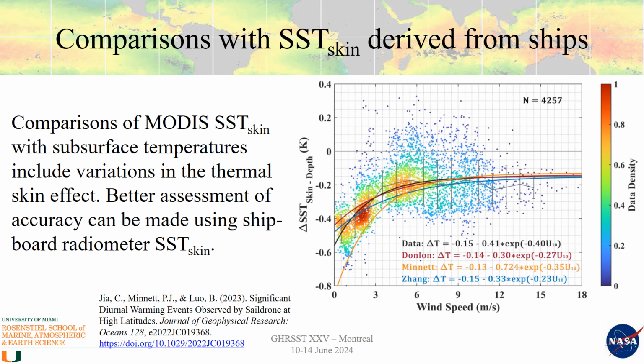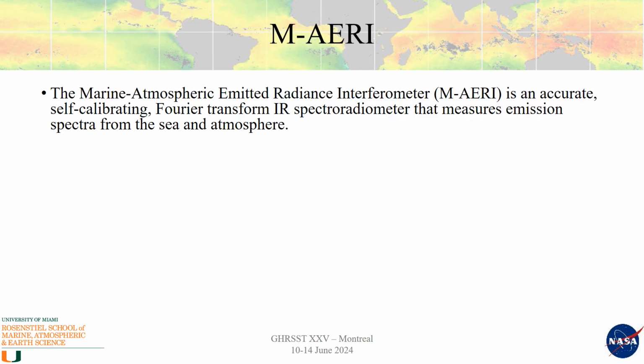So this variability is not properly resolved in the estimates of accuracy derived from comparisons with subsurface drifter measurements. And the better approach is to use an estimate of the skin SST taken from ship radiometers, and we use one called the M-AERI and have been using various versions of this type of instrument since 1996.